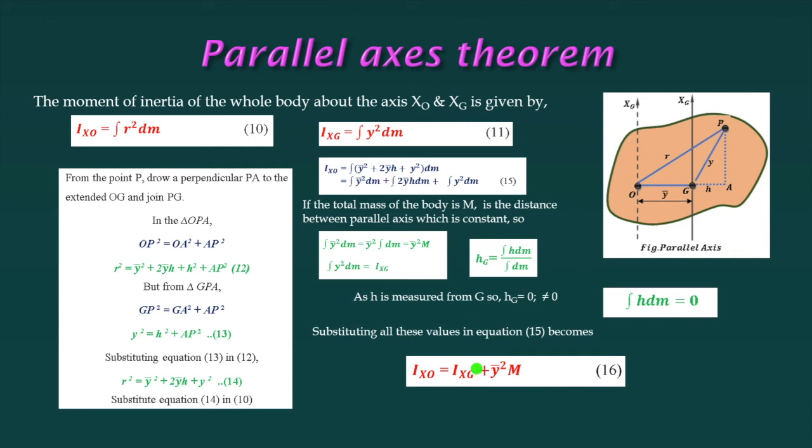To solve various numericals, this equation is very helpful. In the subsequent topics, we will take help of this equation to solve the numericals.